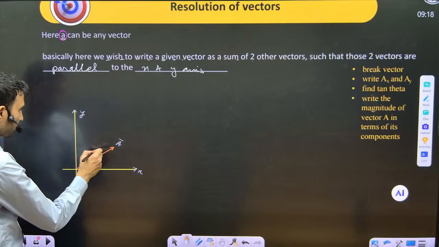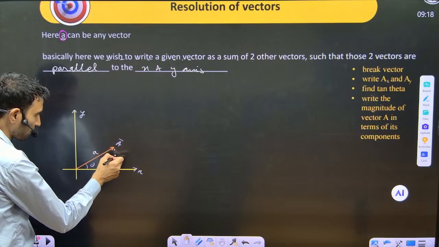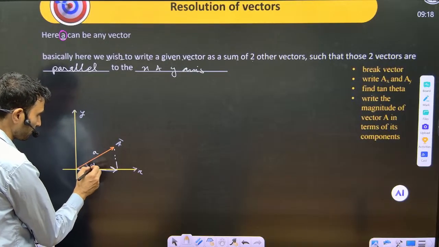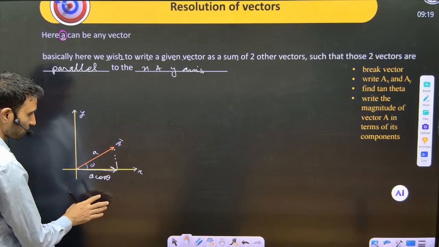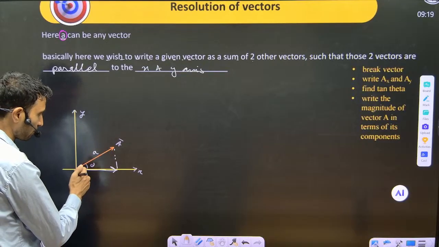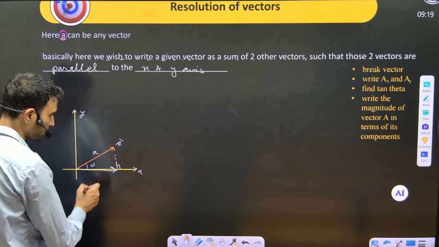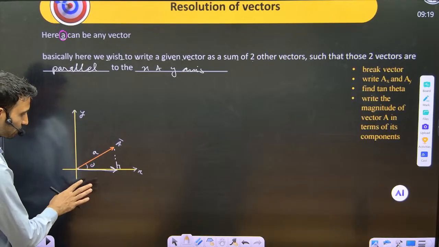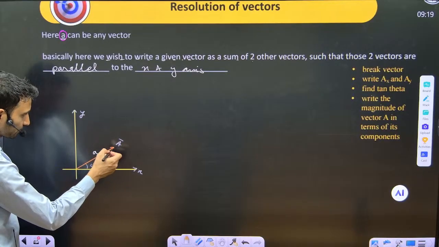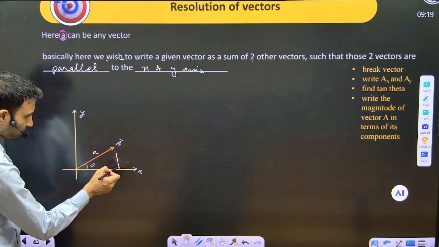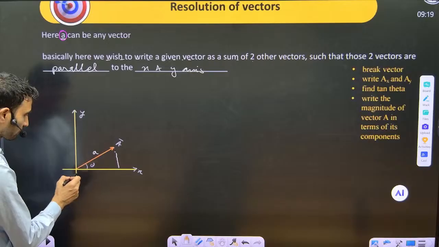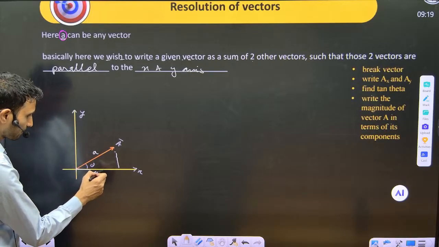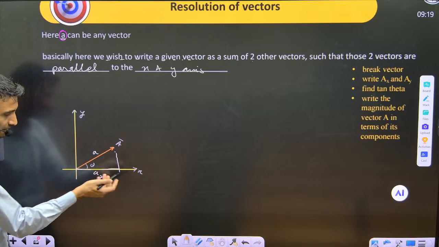So this is your A vector. If we break it down, if you check this part, it will be how much? We drop a perpendicular and then we measure this value, right? So this value, let's call it AX, meaning A in the x direction.